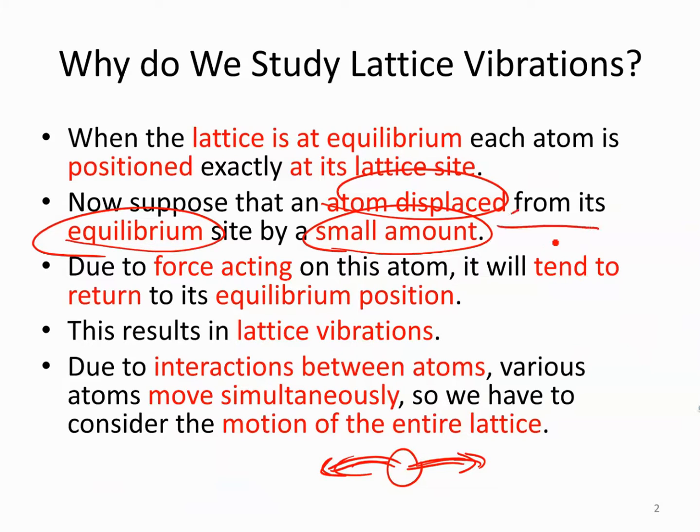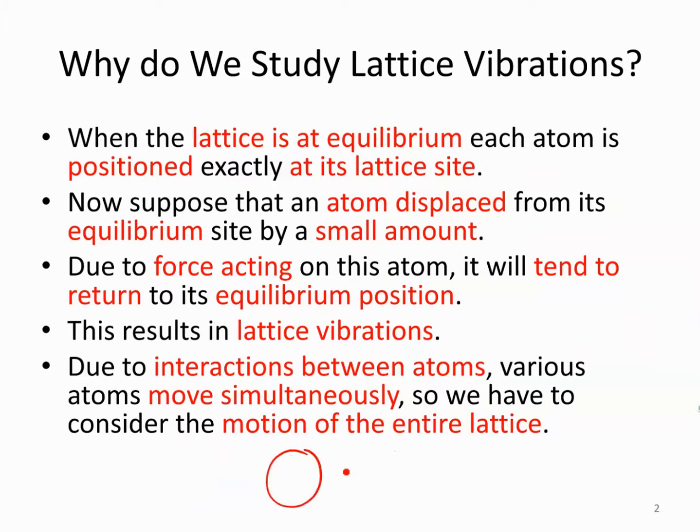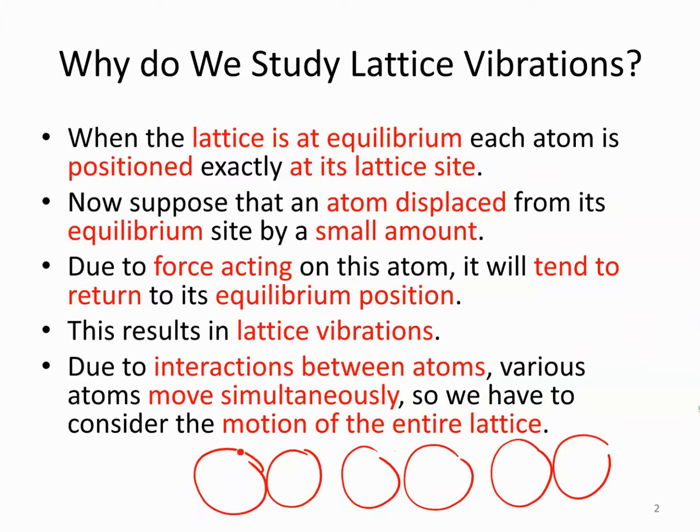Okay, this small amount depends on the temperature. If you increase the temperature, then this small amount will slowly increase. So due to the force acting on this atom, it will tend to return to its equilibrium position. What does that mean? We know that in the last chapter we studied chemical bonding, right? Chemical bonding means that all the atoms are bonded, and we have 5 different types of bonding.